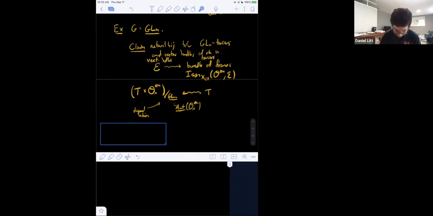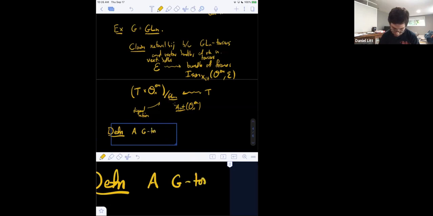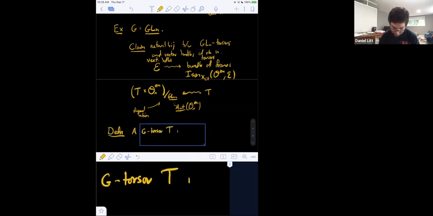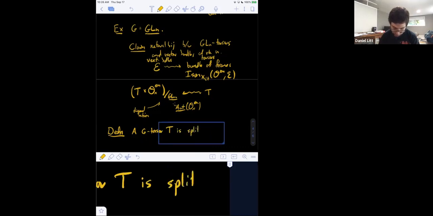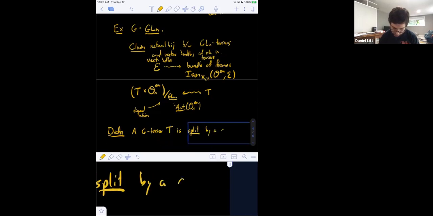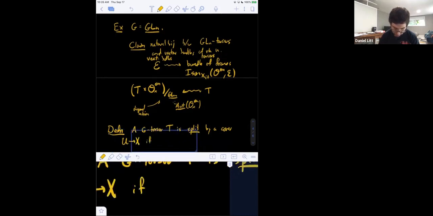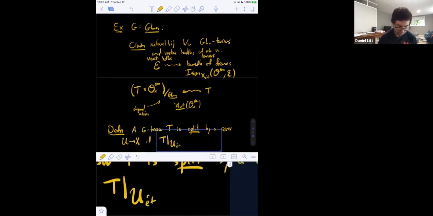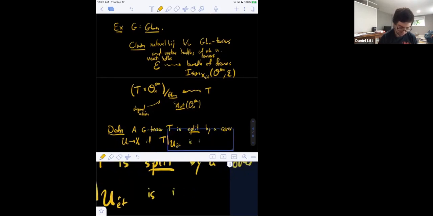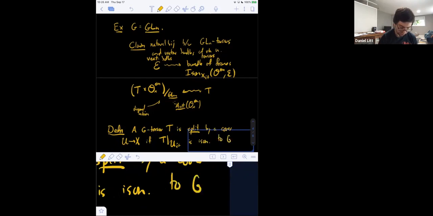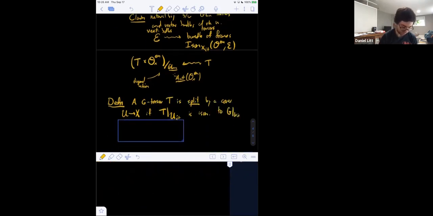Okay, so first I need to make a definition. We say a G-torsor T is split by a cover U to X if T restricted to U, or the Etale site of U, if you'd like, is isomorphic to G restricted to U. And this is as a torsor, not as a bare sheaf.